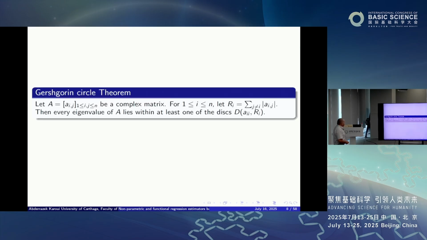Another tool is the Gershgorin circle theorem. It says that if we take a complex square matrix A, then every eigenvalue of A lies in a disk with center the ith diagonal entry of A and with radius the sum of the absolute values of the coefficients outside the diagonal.